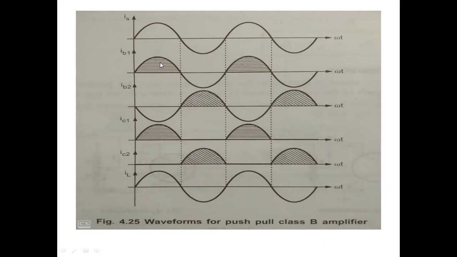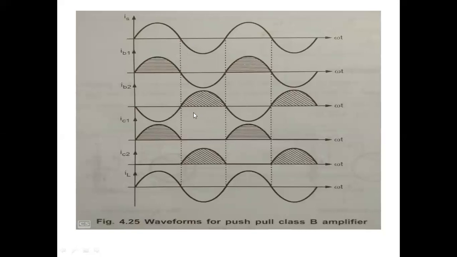So during the positive half cycle, Q1 conducts and IB1 is positive, and we have some IC1. There is no IC2. And during the negative half cycle, the base current of the first transistor is negative, and the base current of the second transistor is positive.